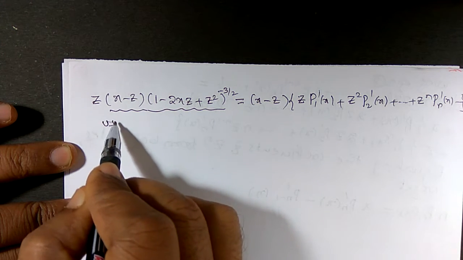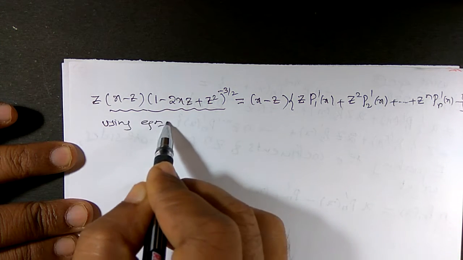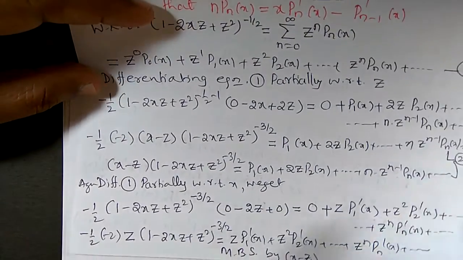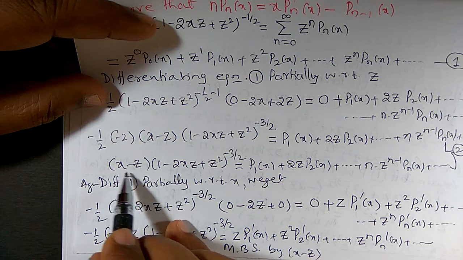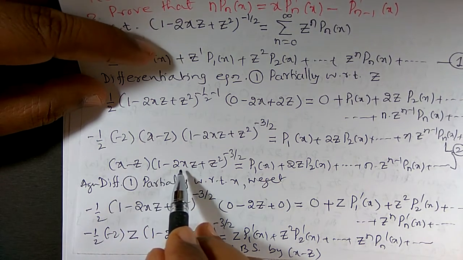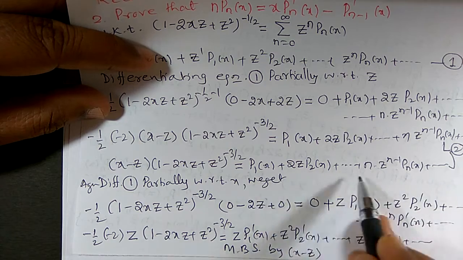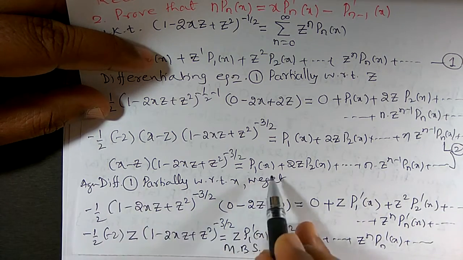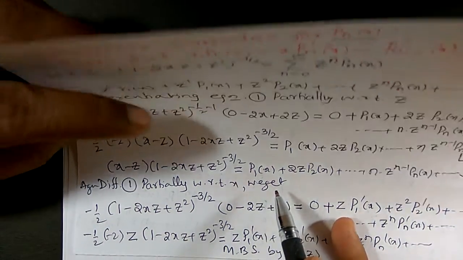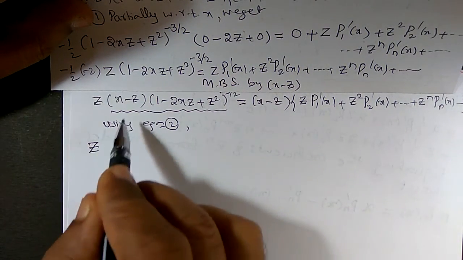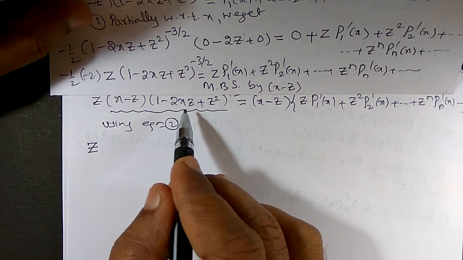So using equation 2, what is equation 2? We know that x minus z into 1 minus 2xz plus z square raised to minus 3 by 2 is equal to, right? Now I am going to replace these two factors by all these terms. I will write z as it is from equation number 2.